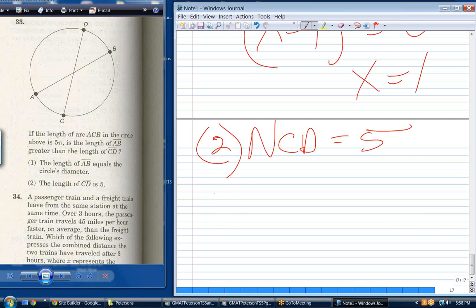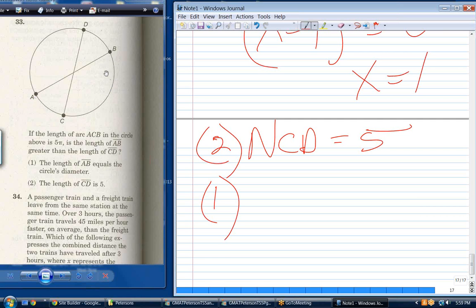And how about 1? The length of the line AB equals the circle's diameter. So can we figure out what the length of AB is based on that? If AB is the diameter of this circle, and if this arc is 5 pi, what's the circumference of that circle equal to?